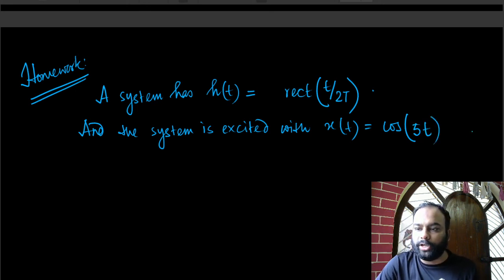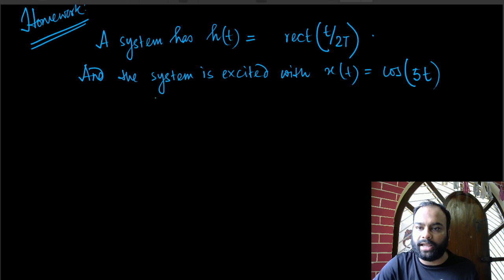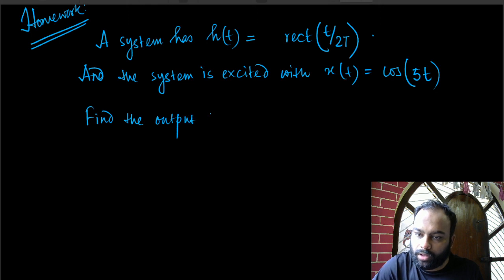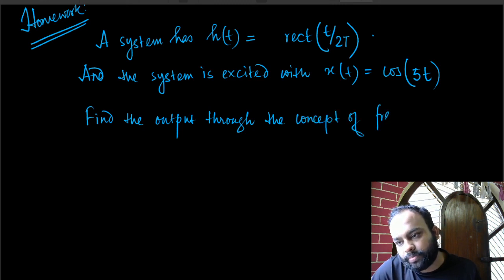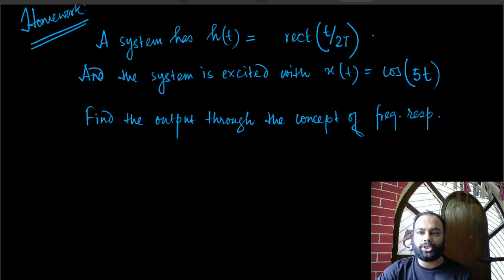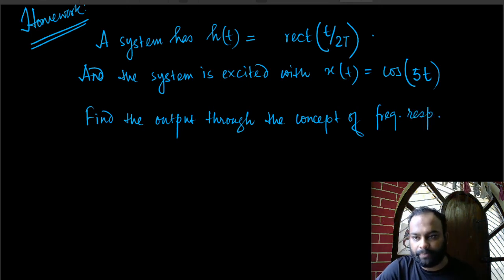Of course there is no u(t), so this input has been there for a very long time. Find the output through the concept of frequency response. Based on our discussion today, try to figure out the output of the system.